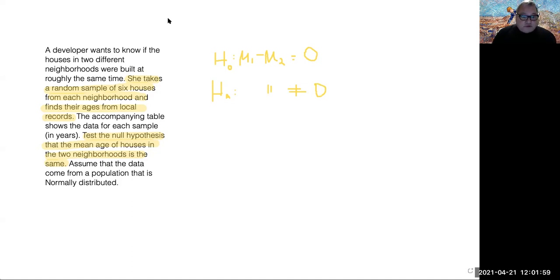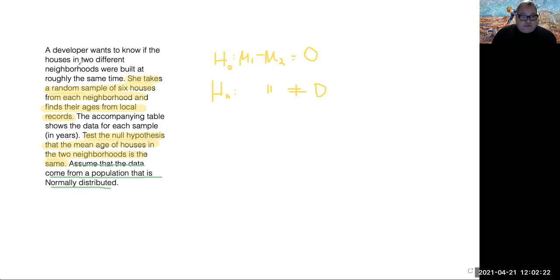What we're going to do in order to test the hypothesis is look for a very important assumption, which is what kind of analysis of variance we should apply. It says here that we're to assume that the data come from normal populations.